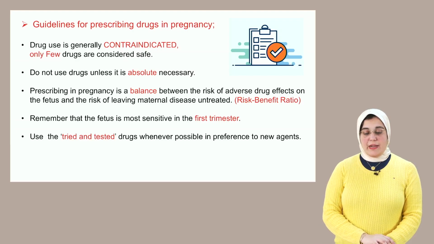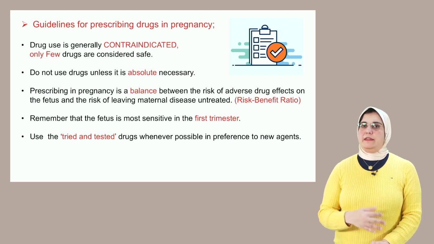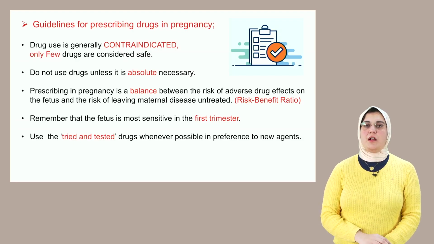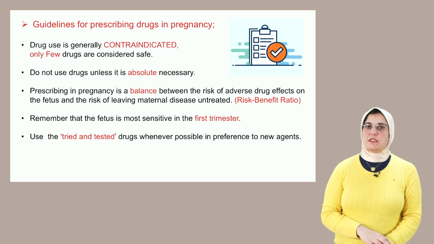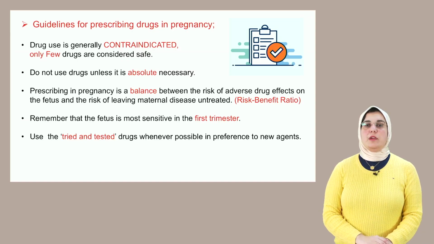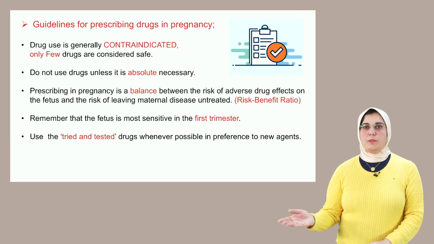Use tried and tested drugs whenever possible in preference to new agents. We have a golden rule as pharmacists: all the drugs that have been used for more than 40 or 50 years are safer than new drugs that have been tested for only 5 years in the population. Because for these old drugs, we almost know all the possible side effects.